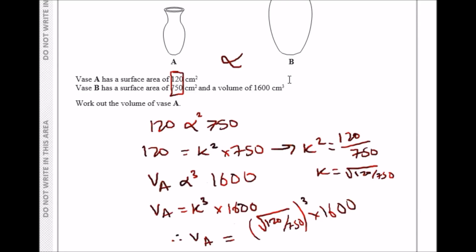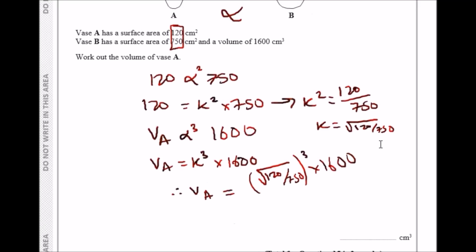So what does it give us? We've got the cube root of 120 over 750, let me just quickly do this, times 1600. And this gives us a volume of, let me double check that, it's 120 over 750, correct? Oh yeah, I didn't do it properly.